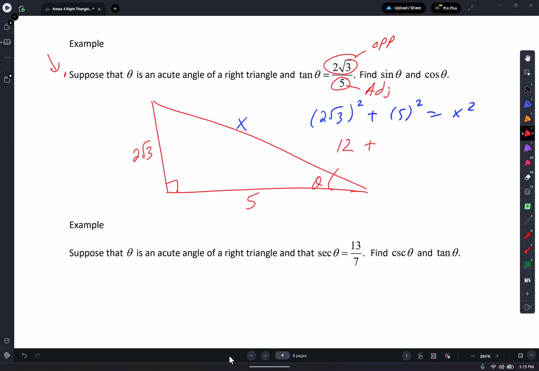You see how we did that, guys? And 5 squared is 25. Try to do as much as you can without a calculator, so you build fluency. 25 plus 12 is 37. That's not going to be a perfect square root, so x equals square root of 37. Leave it alone.